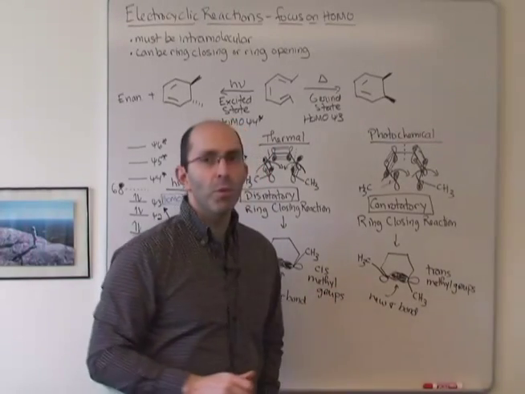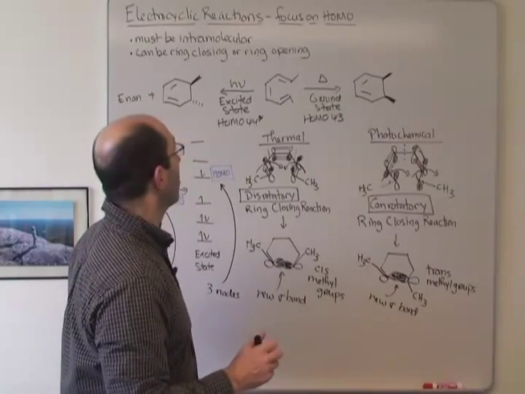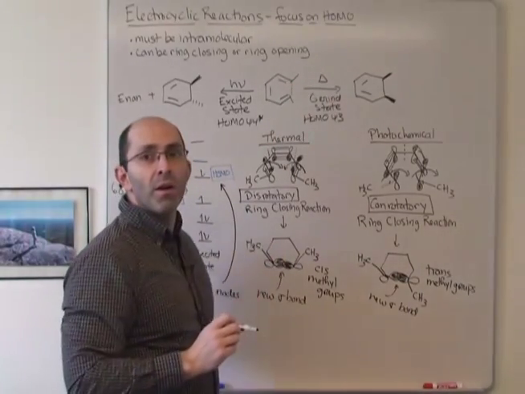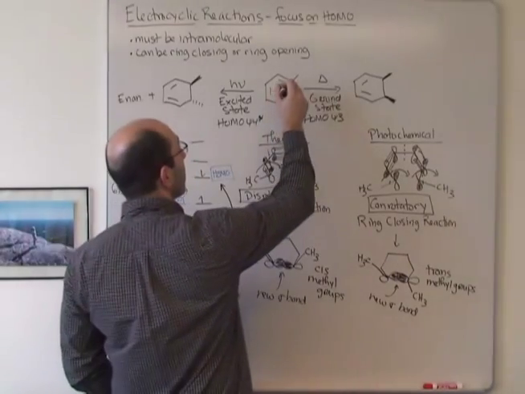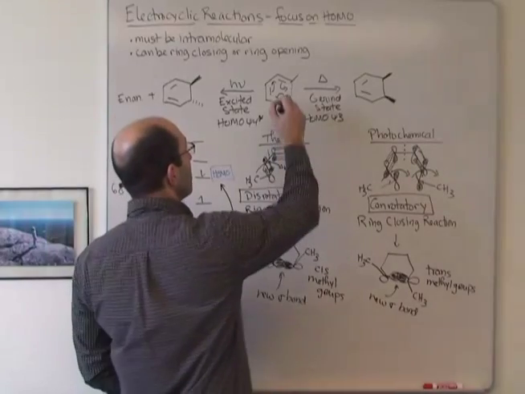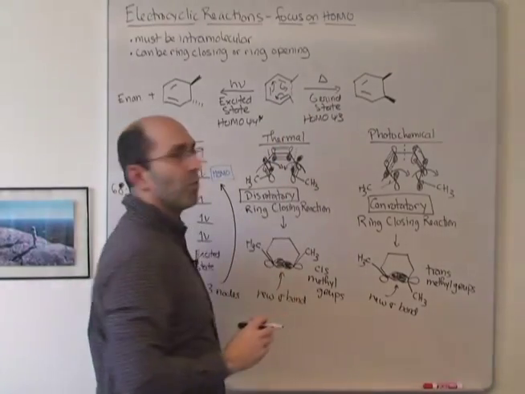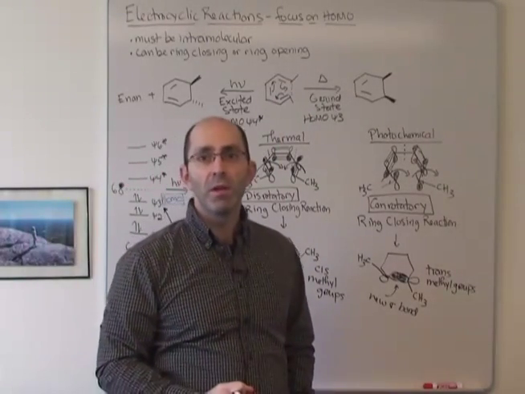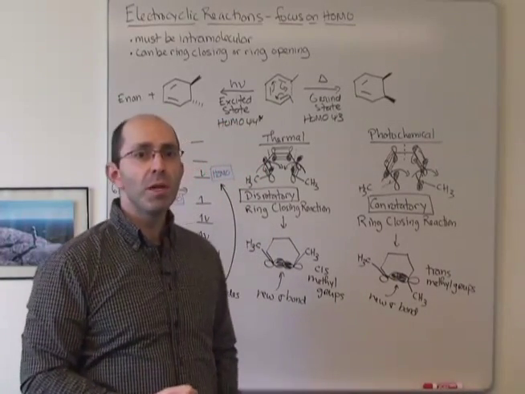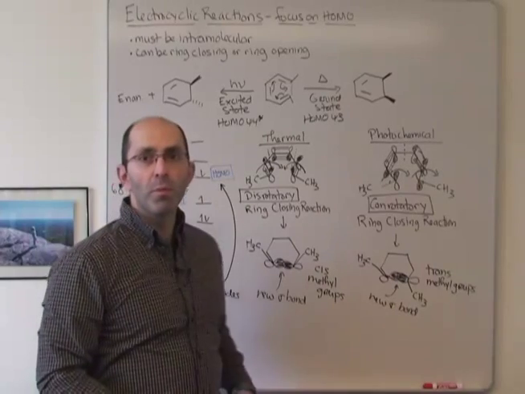Right, and the final point is that we can draw our curved arrows up here, right, for this reaction. And you'll note that the curved arrows look identical whether we do it thermally or photochemically. The only way we can understand and predict what's happening with the stereochemistry is to look at these molecular orbital pictures, right?